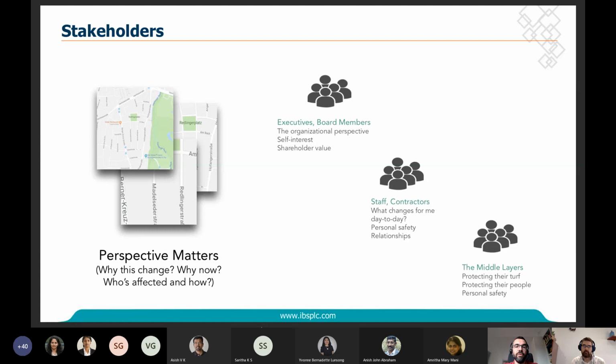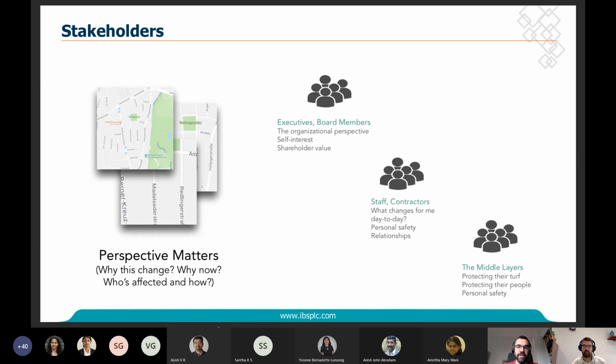Then you have another group of people that might be staff, contractors and other individual contributors that might be looking into the change from the perspective of, okay, how is this change affecting my day-to-day? How is this going to affect my relationships, or these kinds of questions.